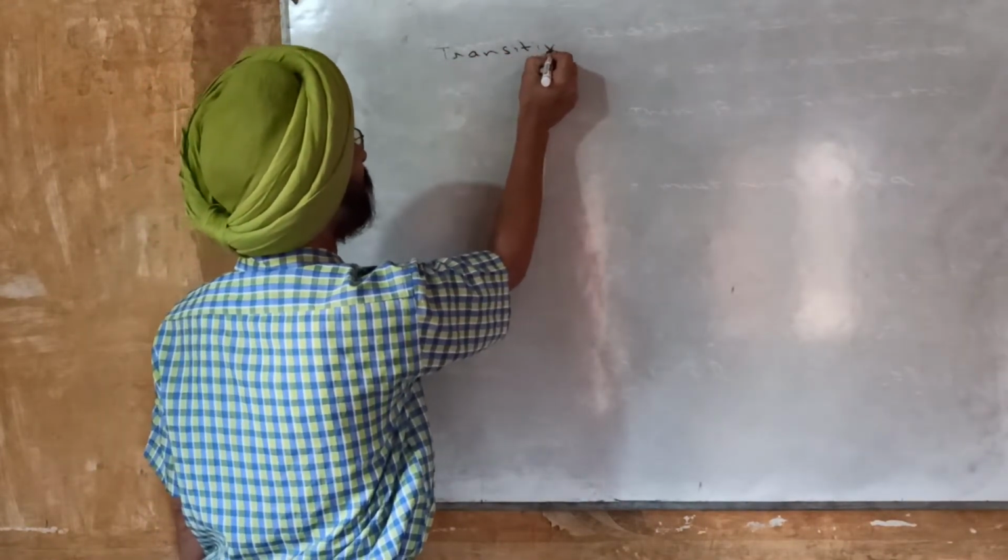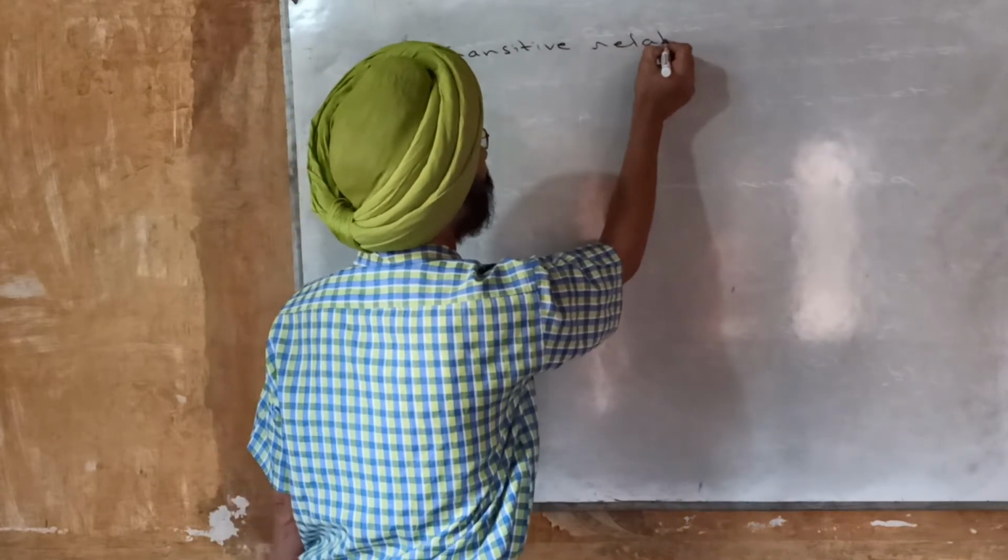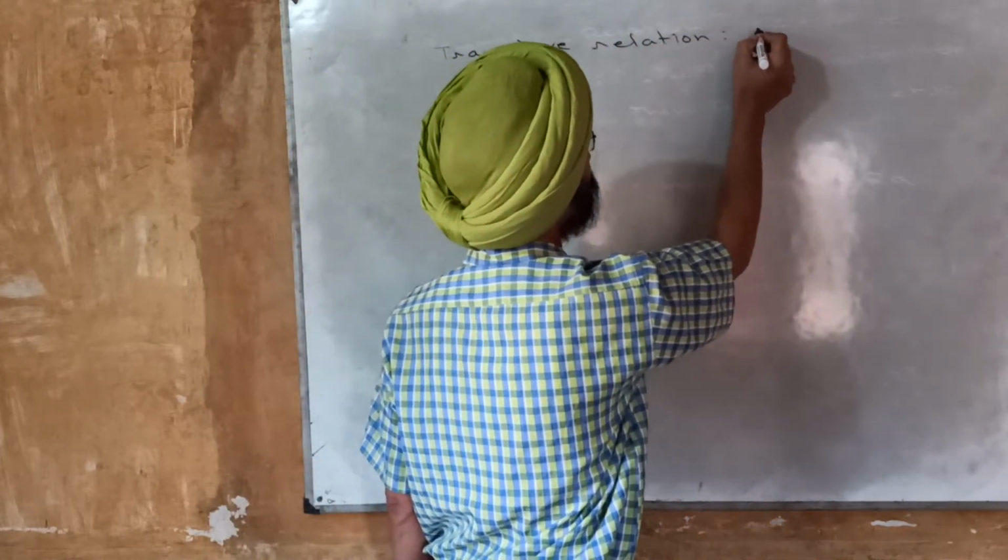So what is a transitive relation now? We start again from the same starting place.